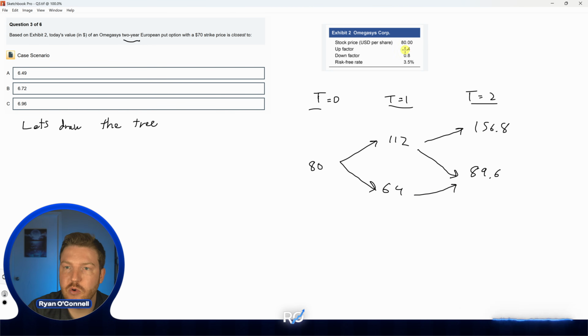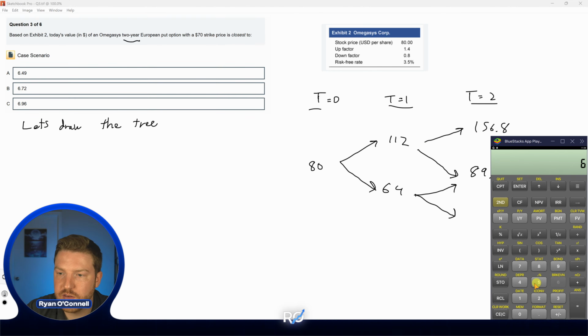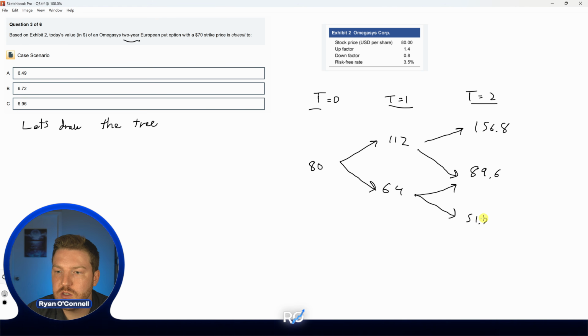If you multiply 1.4 times 0.8, or 0.8 times 1.4, you end up with the same value. Or this could have happened, where the price has gone down twice. Once it's at that 64, it could then be multiplied by the 0.8, which would bring it to a value of 51.2.